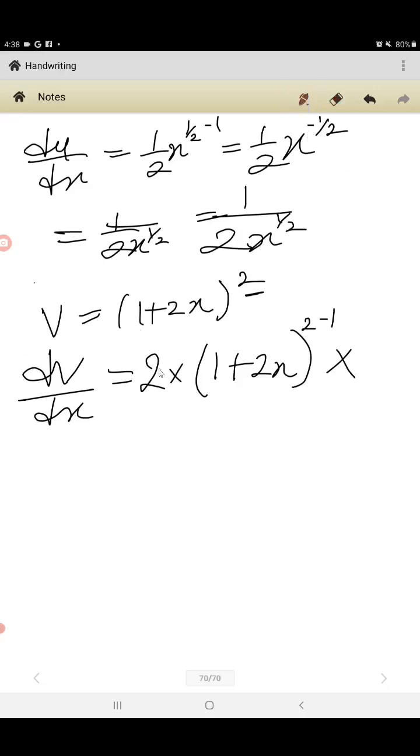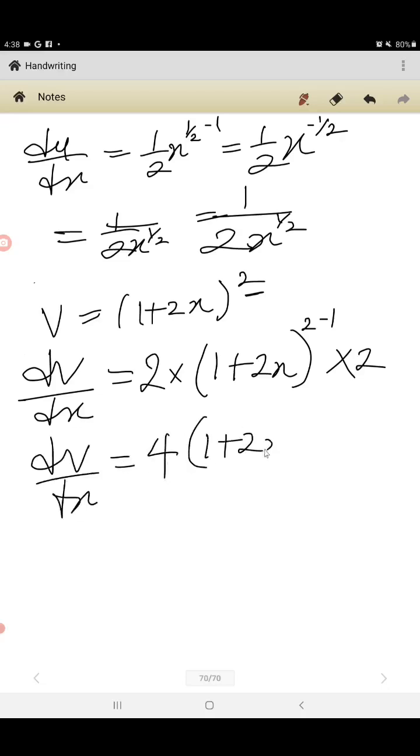The derivative inside is 2. So dv/dx gives us 4 multiplied by 1 plus 2x.